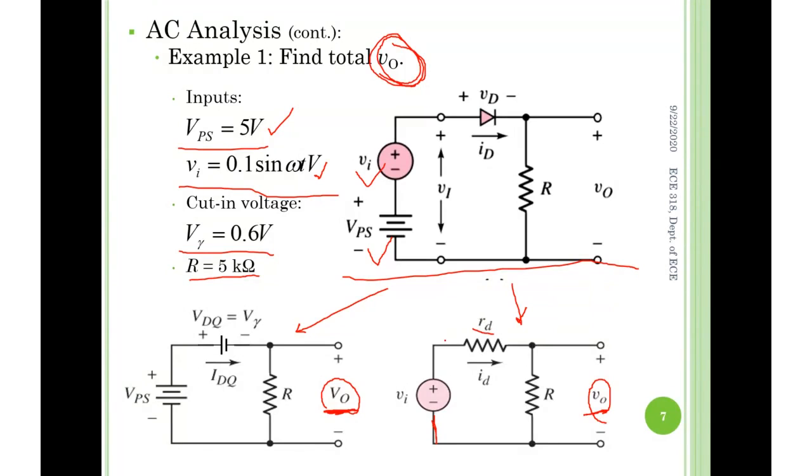Okay, so let's try this out. Very simple example. I give you 4 minutes. You try this out. Find the total V naught. 4 minutes. Go ahead.